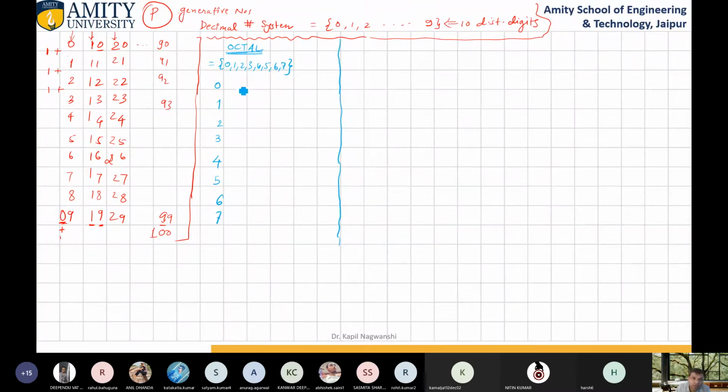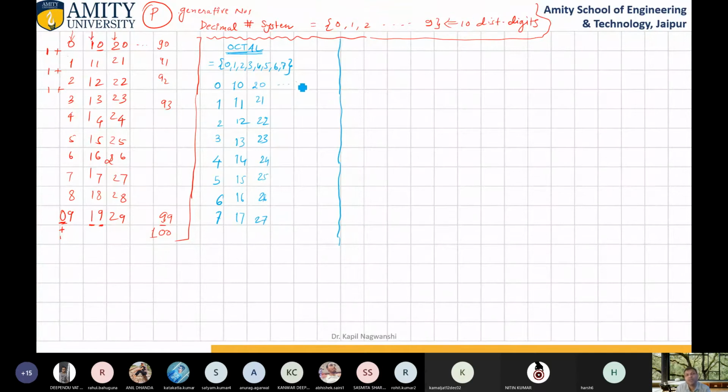So next number will be again, now 10 will start. 10, 11, 12, 13, 14, 15, 16 and 17. Similarly, after that 20, 21, 22, 23, 24, 25, 26 and 27 will go.